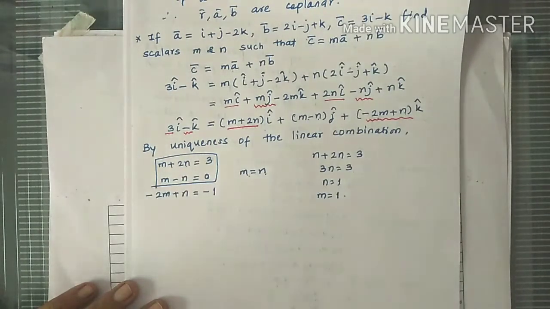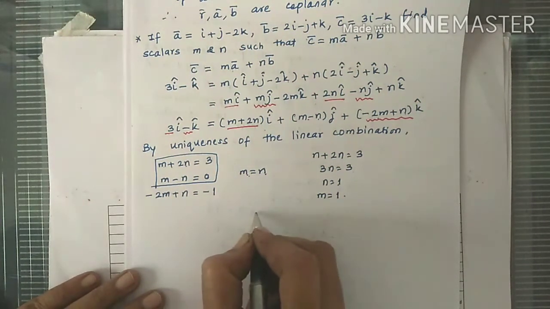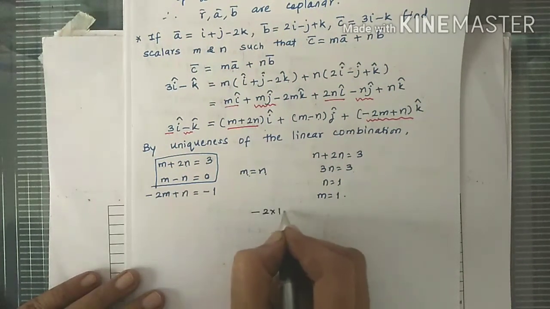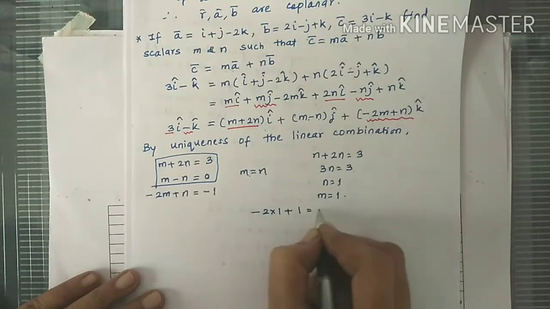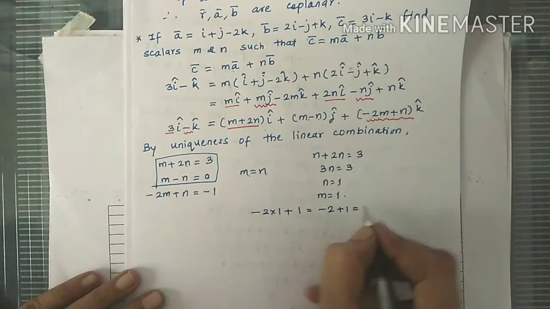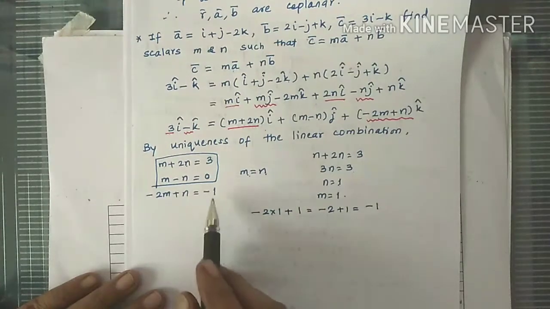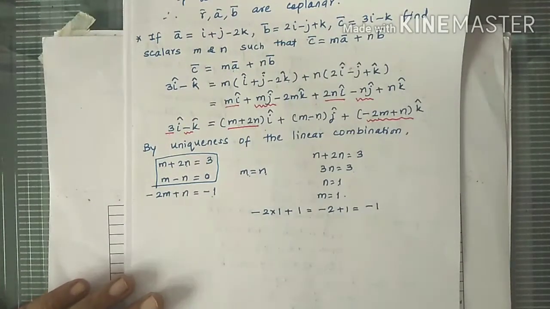Let's substitute in the third equation and check whether this m and n satisfy the third equation or not. So in the third equation we have minus 2 into 1 plus n, which is 1. So it becomes minus 2 plus 1, that is minus 1. So we get the right hand side.